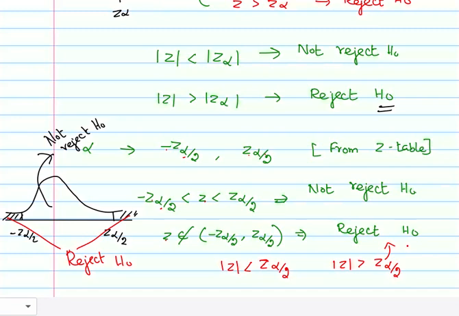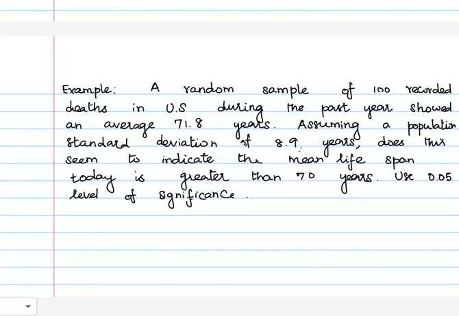Now we see a few examples of how to reject and not reject the null hypothesis. First example: a random sample of 100 recorded deaths in the US during the past year showed an average of 71.8 years.